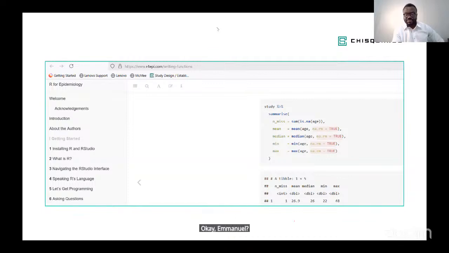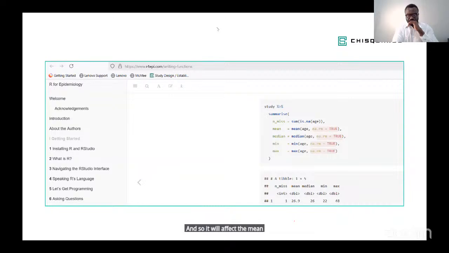Okay, if remove NA is set to be true, all the missing values are going to be removed, and so it will affect the mean.